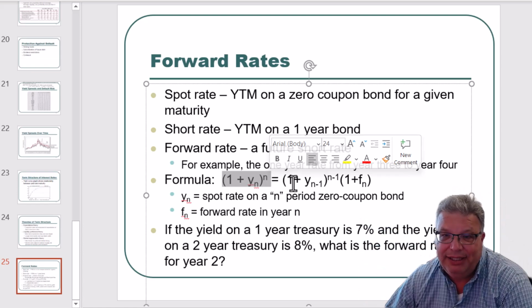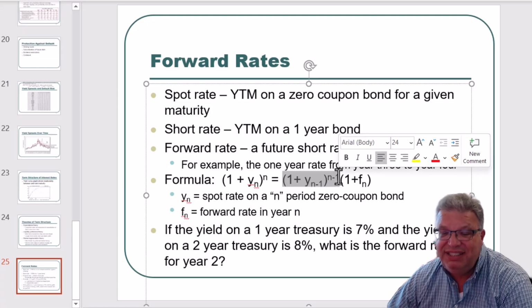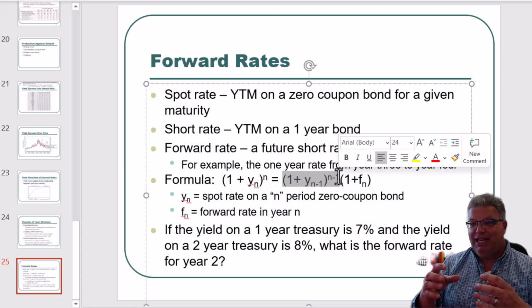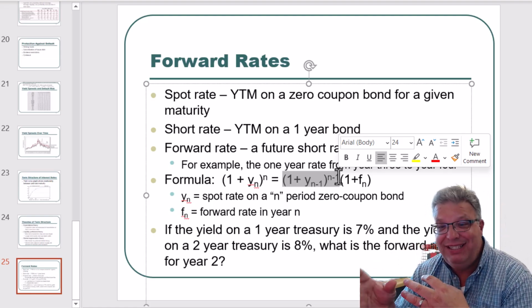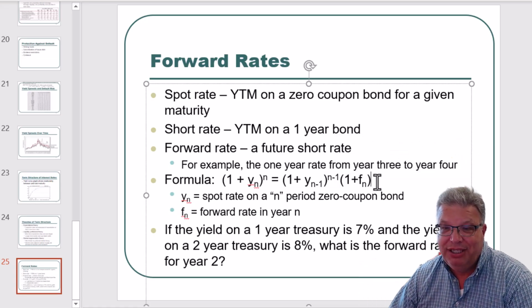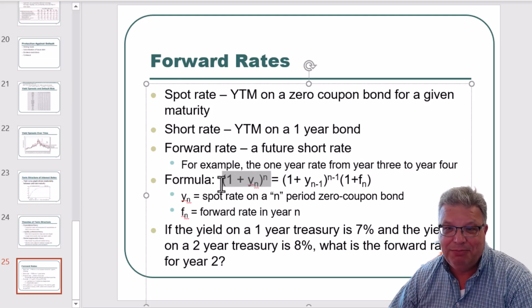And all it's saying is, if we take another spot rate one less year into the future, and then multiply that by what we expect the forward rate to be out N years, the combined compounded returns of this should be exactly the same as just getting a spot rate out.